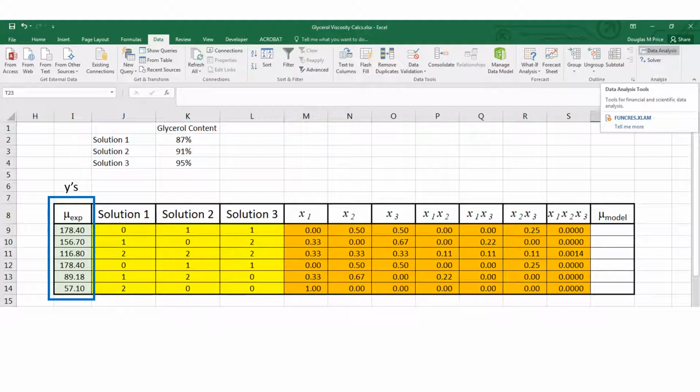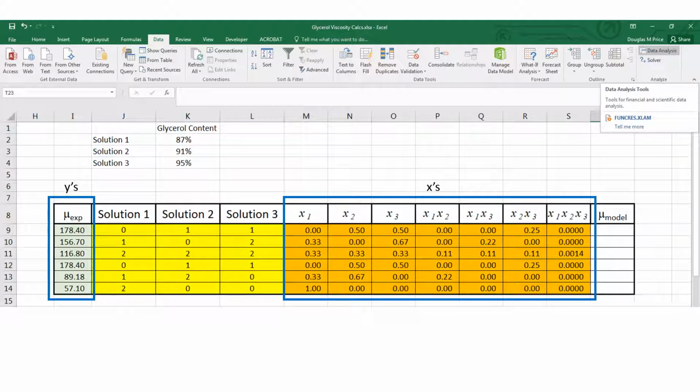We're going to call the experimental value of the viscosity that we measured our y values. And we're going to call the mass fractions and products of mass fractions our x values. It's important before we do the analysis that you have all your x's in columns that are next to each other.